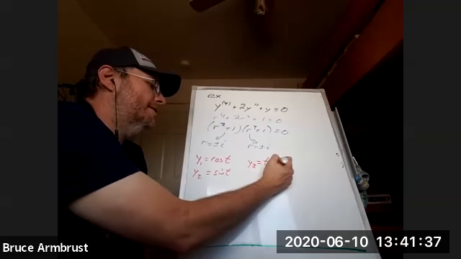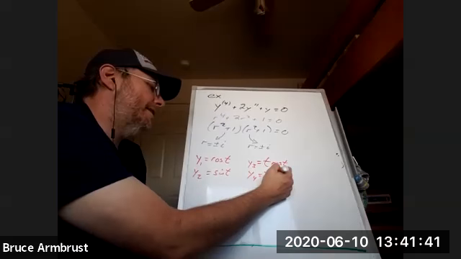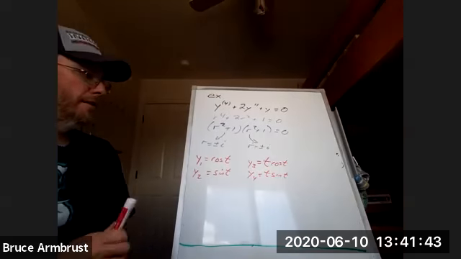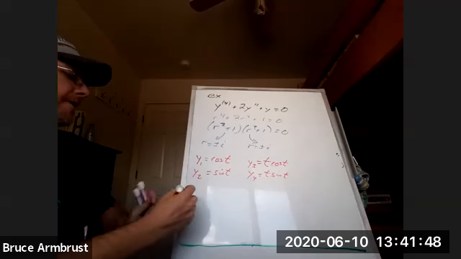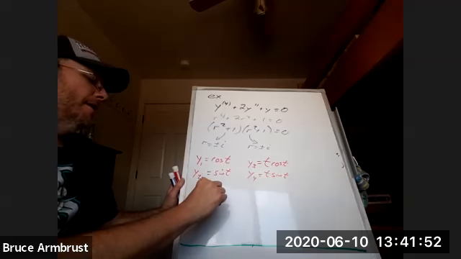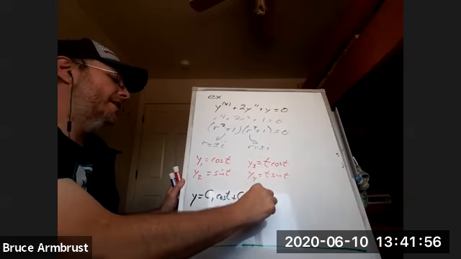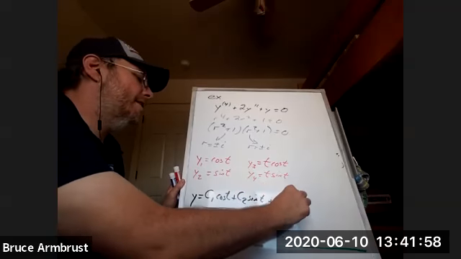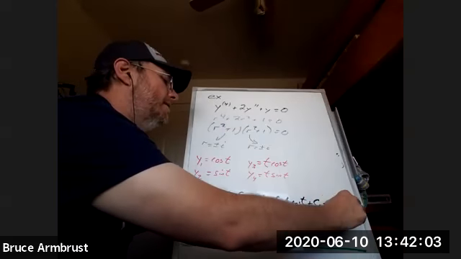So y3 is going to be t cosine of t, and y4 is going to be t sine of t. So the solution to this differential equation, since it's not an initial value problem, is going to be c1 cosine of t plus c2 sine of t plus c3 t cosine of t plus c4 t sine of t.